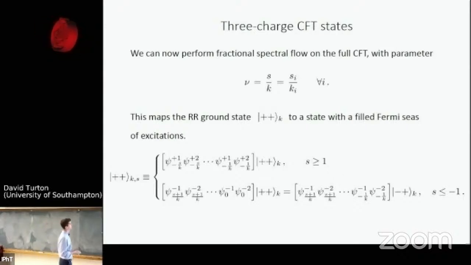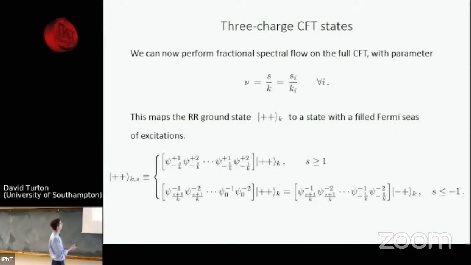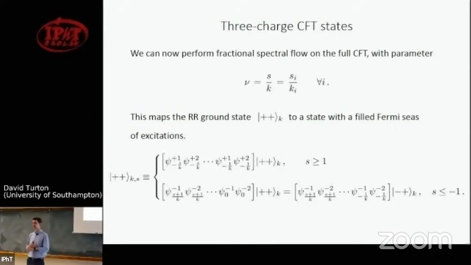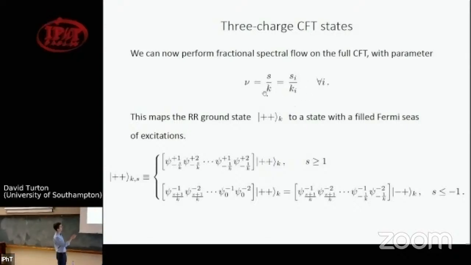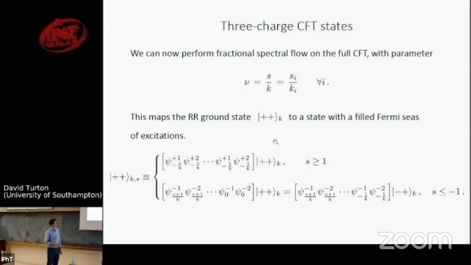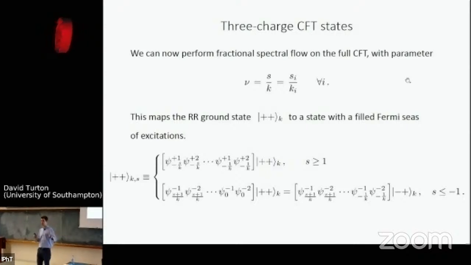And that filling level is important. So we are doing the full spectral flow of the full CFT with some fractional parameter nu. On the original strands of length k, that's some fraction s over k. But for the long strings, that's some different value s_i, such that s_i over k_i is equal to nu. So the longer the strand, the more fermions you fill on top of it, such that the overall fractional spectral flow is controlled by a single parameter nu.